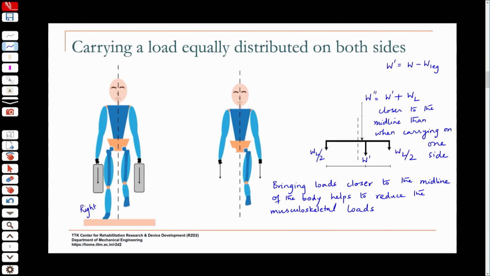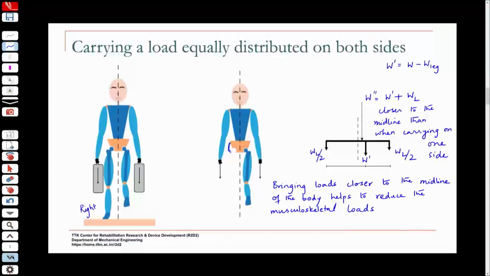This is where my abductor muscles have to stabilize the joint, because I am supporting, see, I have this body weight which is creating a moment about this joint. I need to reduce that moment arm. So, I am leaning more towards the loading side.